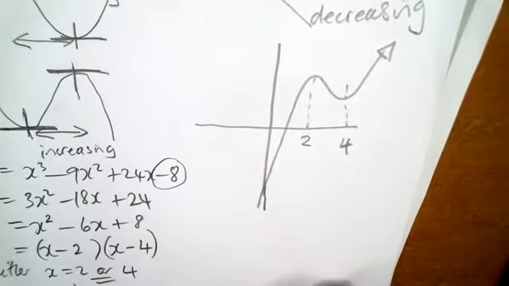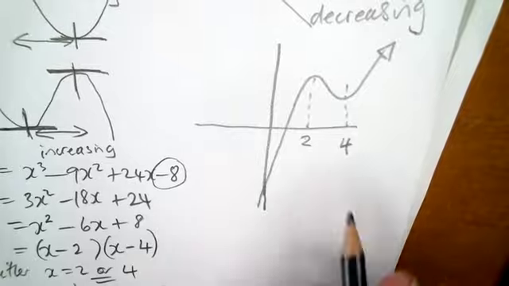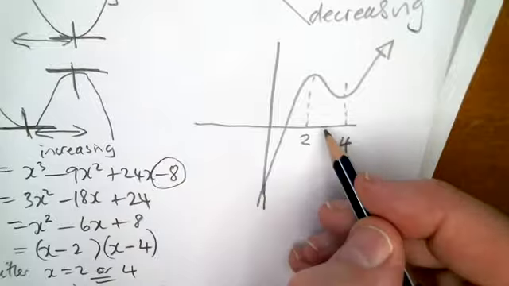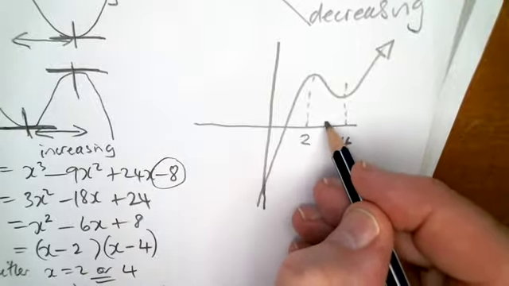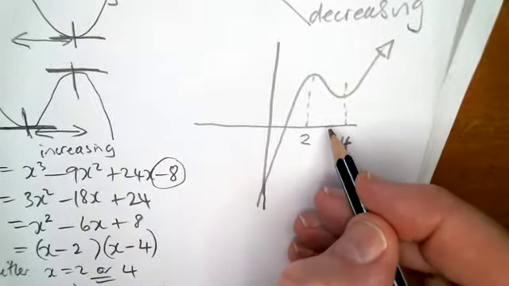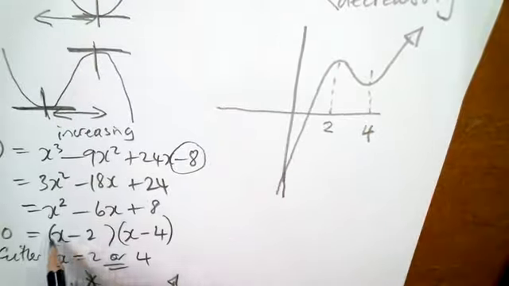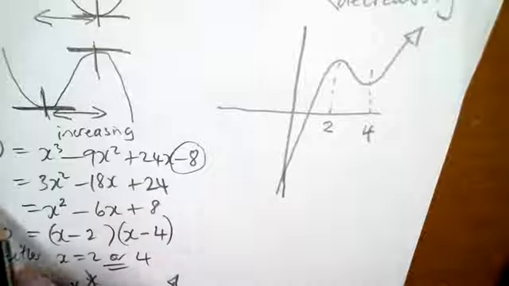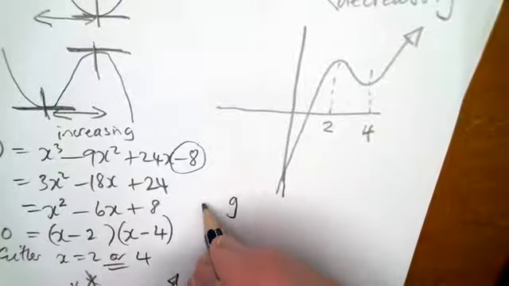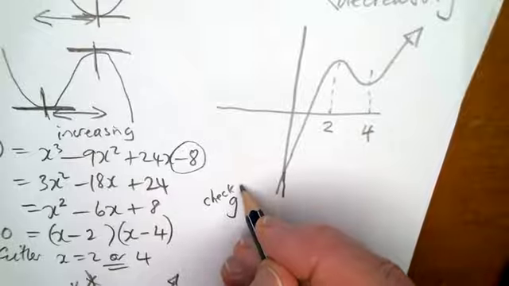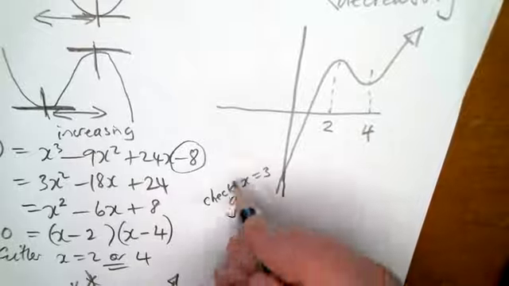Now we can also check that by taking a point either side. Well, that's 2 and that's 4. What about checking a point in 3? Let's make x 3 and see if it's decreasing. So if we take the differential, and the differential is this one here. So we've got g, so I'll put here check x equals 3.